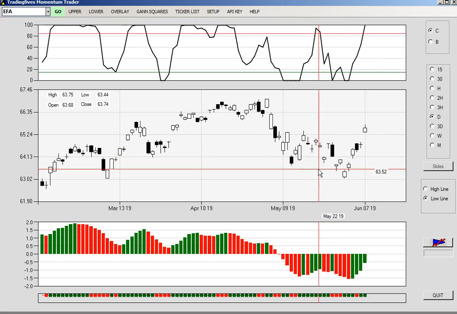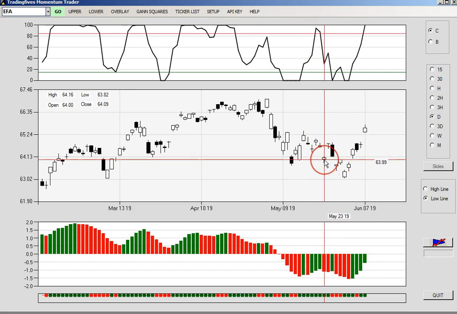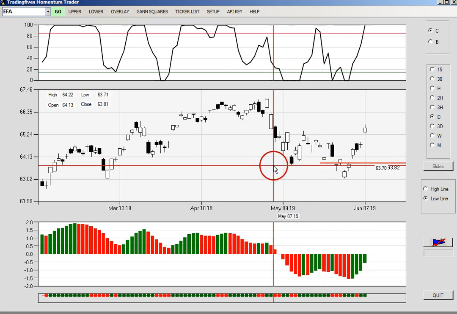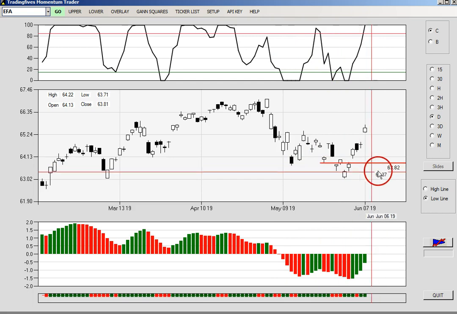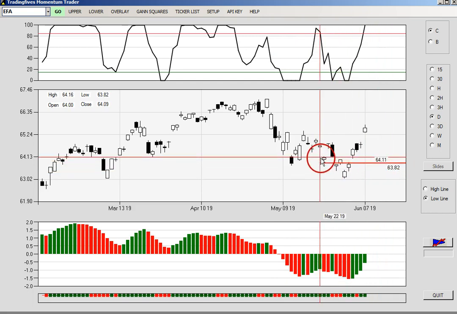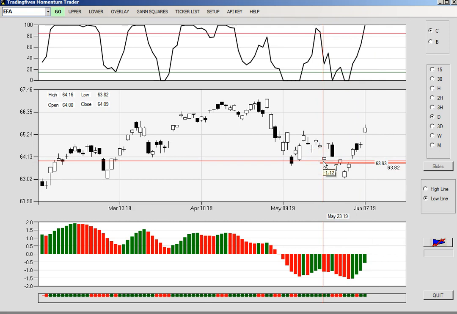We have 3 green bars followed by another red bar, and the color change in line with the trend is going to create another take or pass condition, and in this case it would be a move or a print below 63.82 on the next bar.